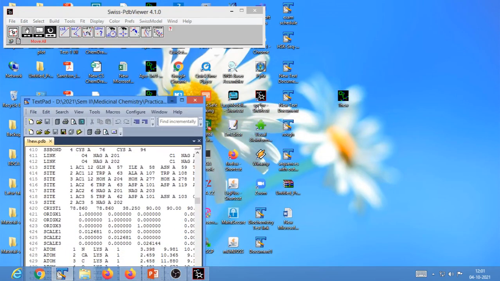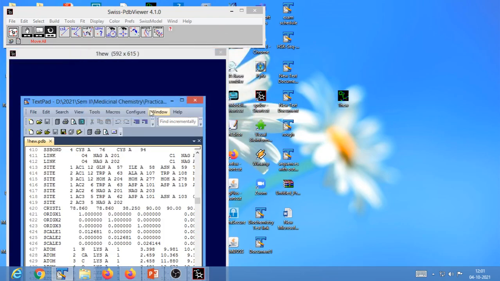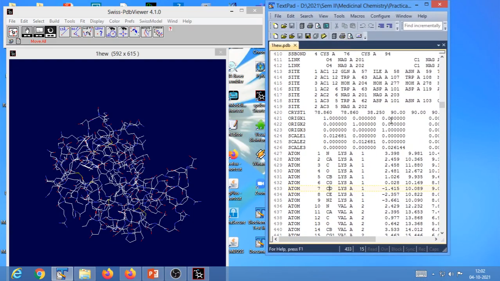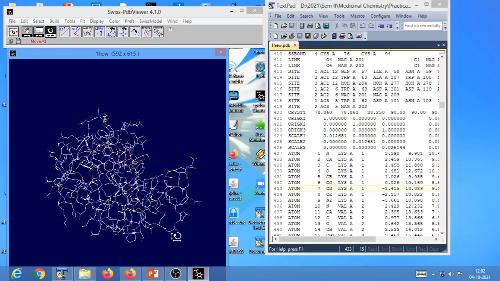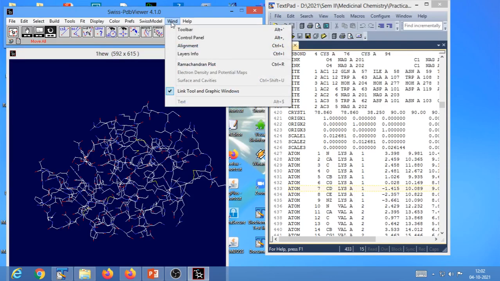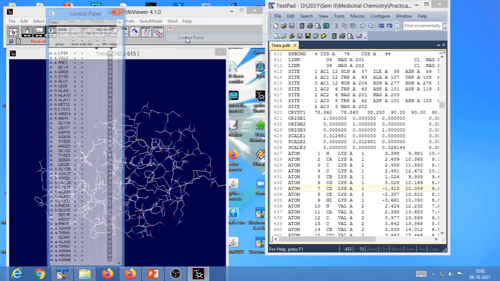You can drag it into your SPDBV software and load the same molecule that we opened in a text editor. When you open it in SPDBV, let us see how many amino acid residues are there in your PDB file.